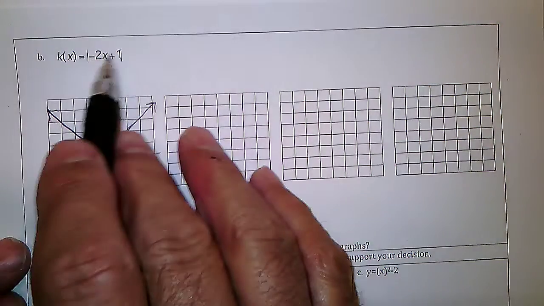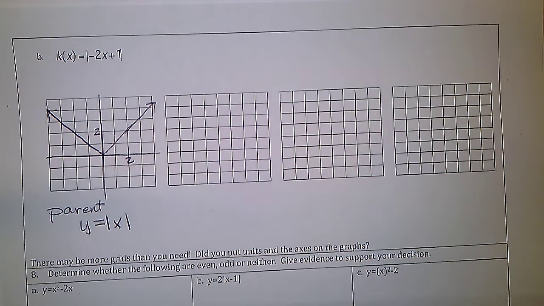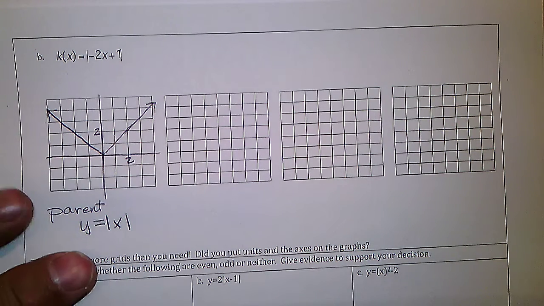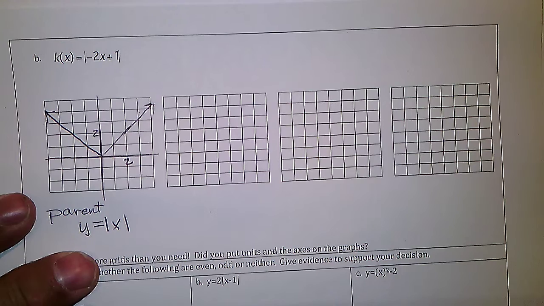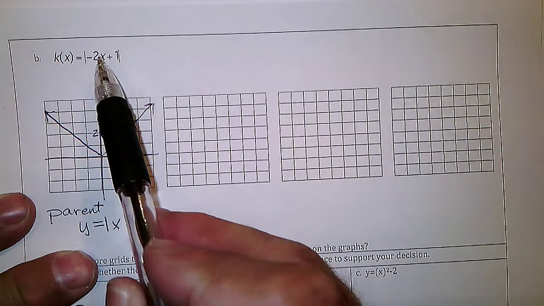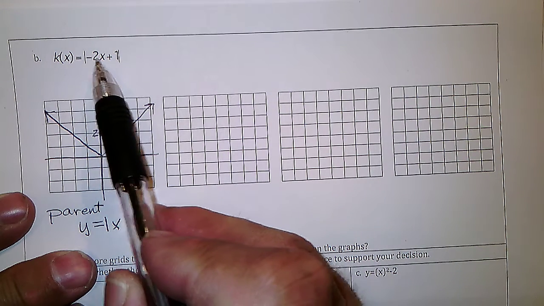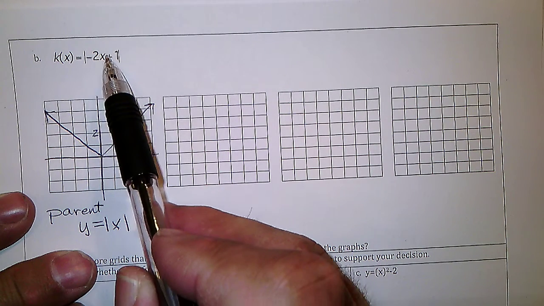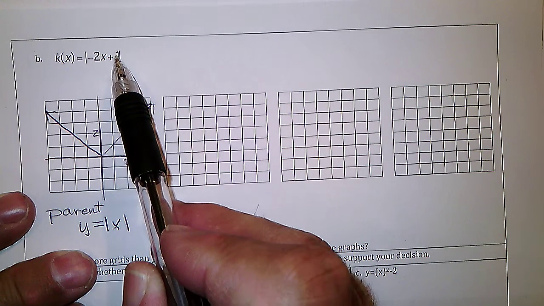Looks like everything is inside. So that means everything is going to be working backwards. Now, order of operations says multiply by the negative 2 and then add 1. We're going to go reverse.